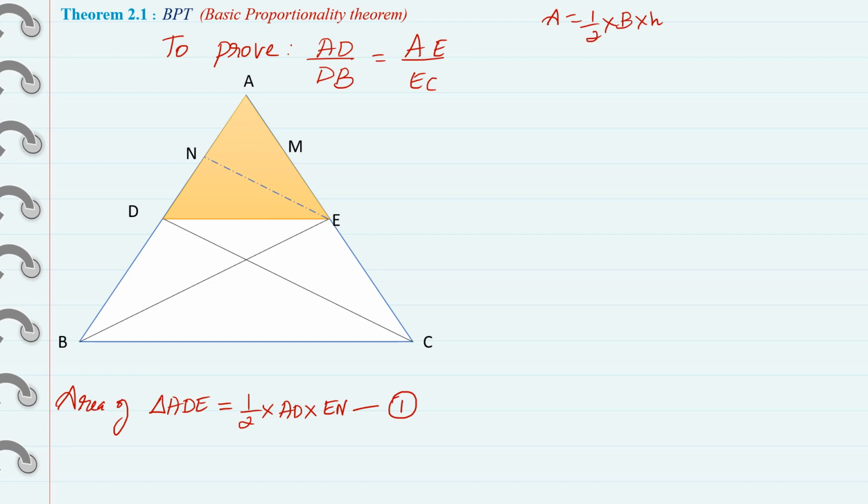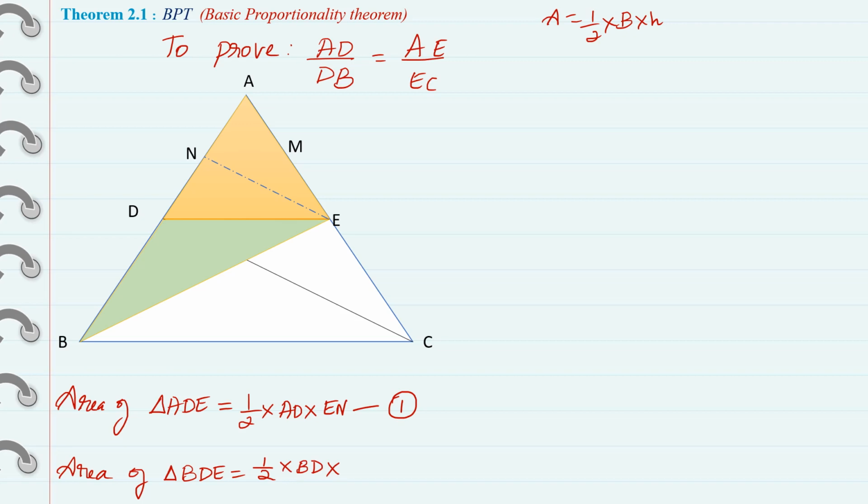Next, on the same side, we have one more triangle. See it? That is BDE. So we have to find the area of triangle BDE also, right? So area of triangle BDE is half into base, BD is our base, into the height.